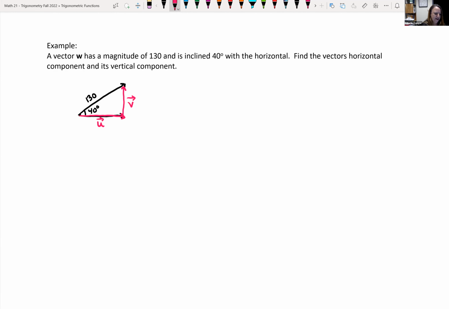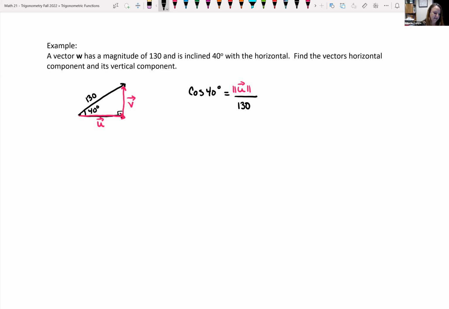So I have a right triangle. If I want to find U, I know that I have the hypotenuse, I have an angle, and that U is adjacent. So that tells me that I want to use cosine. So cosine of 40 degrees is equal to the adjacent, which is the magnitude of our vector U, all over the hypotenuse, which is the magnitude of W, which we were given was 130.